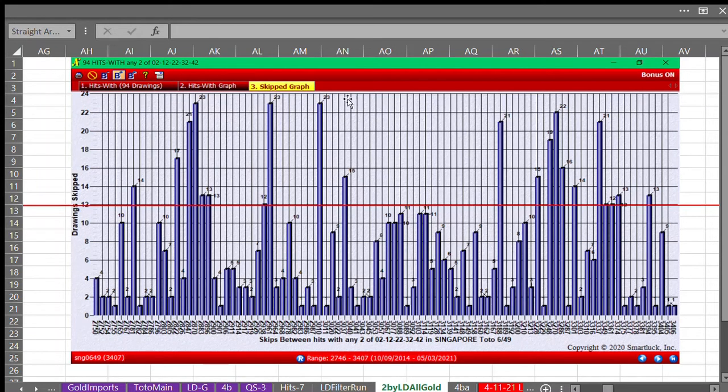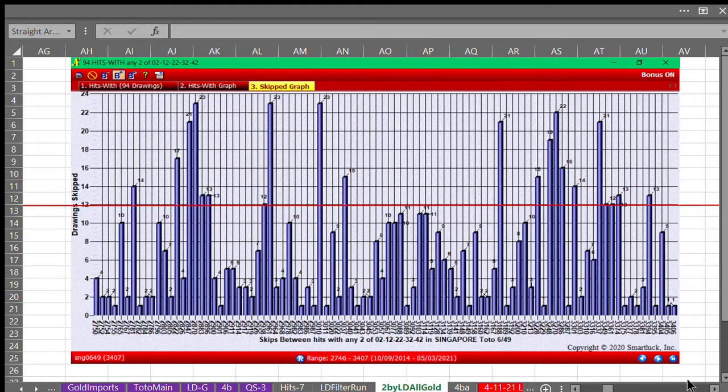It'll be a sidereal skip for 2 last digit 2s, meaning if you put these 5 numbers in your wheel, you should get 2 correct. Now, this is also minimum 2. So some of these could have 3 last digit 2s. You would have to look at the other table to see if that was the case.